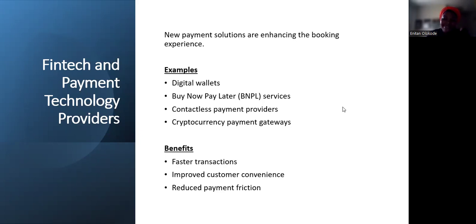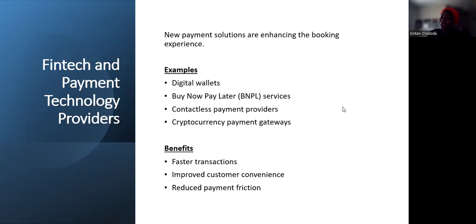What are the benefits, the advantages of fintech and payment technology? Faster transactions. In like one minute, two minutes, you're done making your payments across a nation. Greater convenience. Improved customer satisfaction. It reduces our booking friction. And so many more benefits come with it.